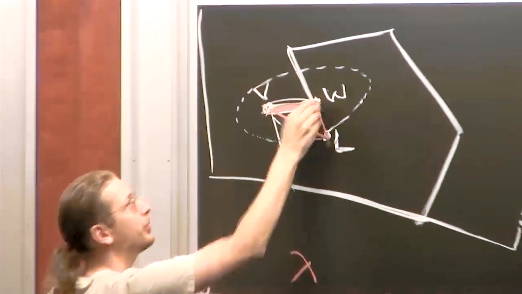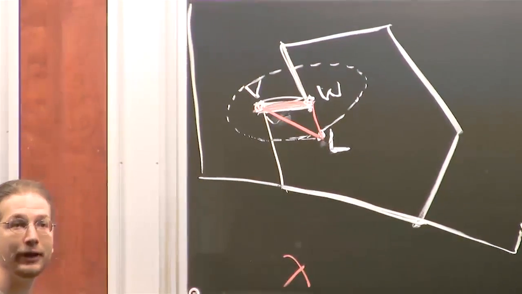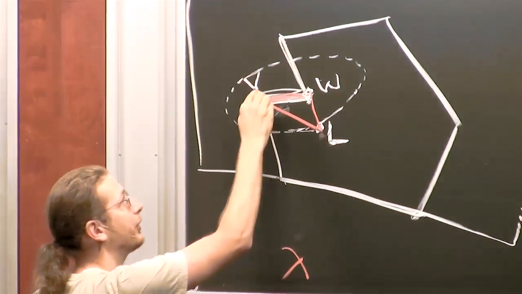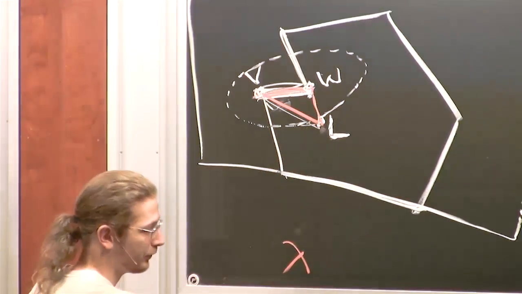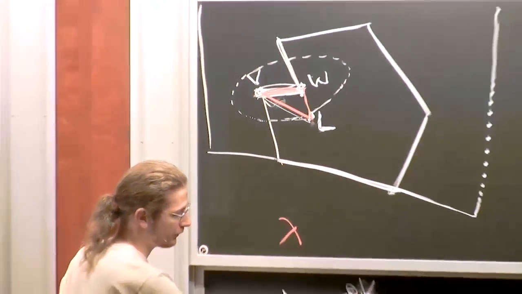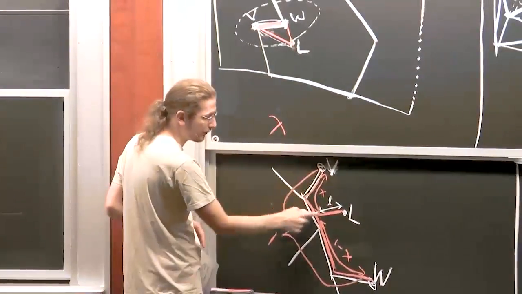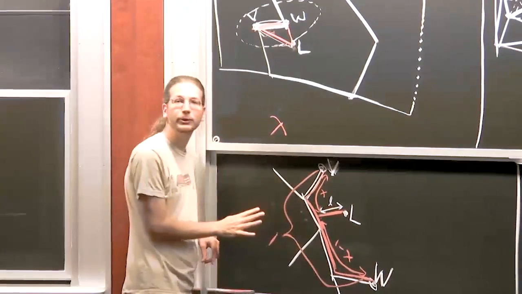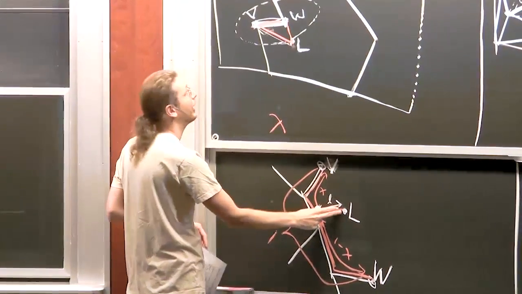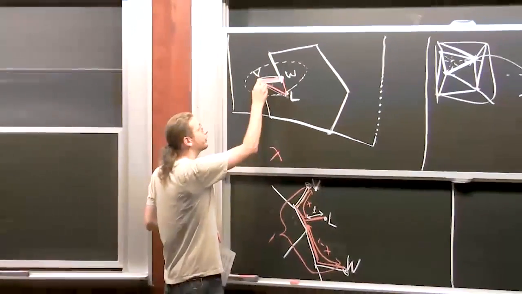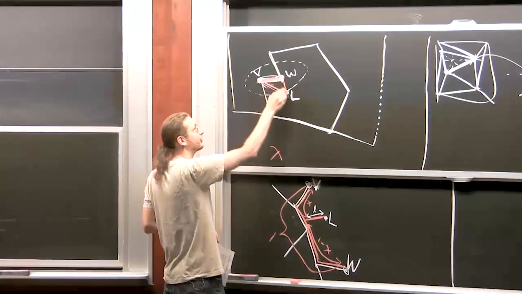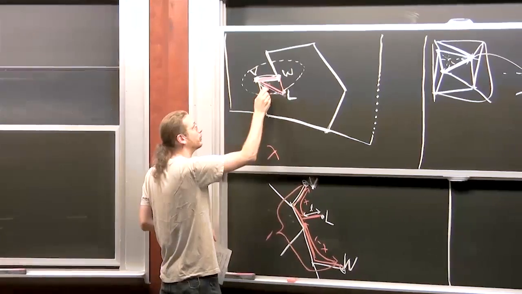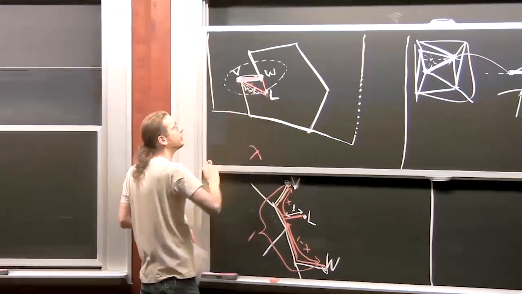with V and W as foci of the ellipse, because you have to hold the sum of these lengths fixed. If you let X vary, this length plus this length is always going to be the same if you fix L. And so this is called the major axis. The sum of these two lengths is going to be like 1 plus 2L.